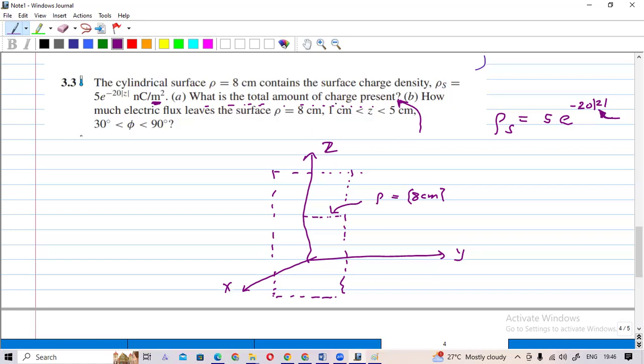To find the total amount of charge, what do you need to do? Here you no need to apply the Gaussian law. This is a surface charge, this is a surface charge density. Now you are asked to find the surface charge. So what do you need to do?